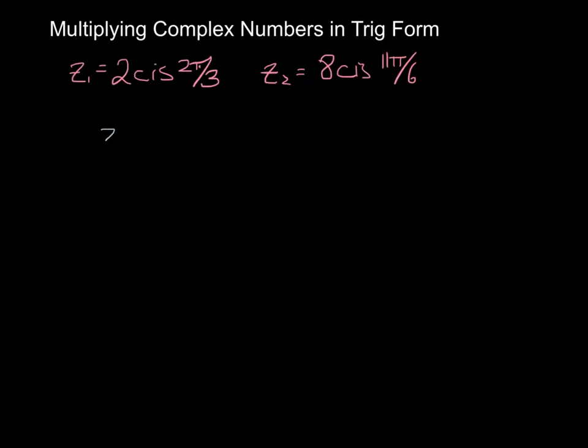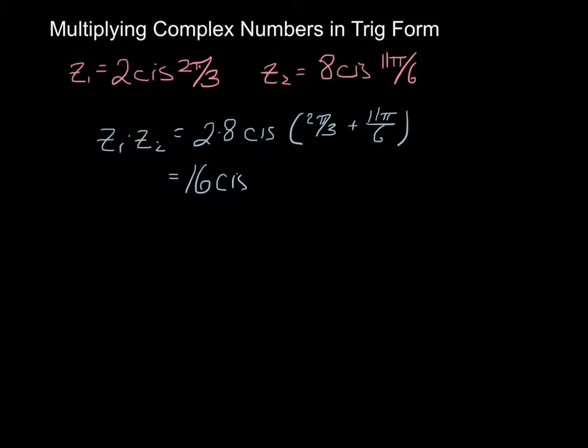So z1 times z2 is 2 times 8 cis, the sum of the angles. So that's 16 cis. We get 4 pi over 6 plus 11 pi over 6.